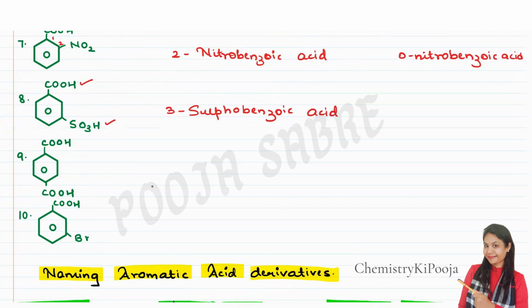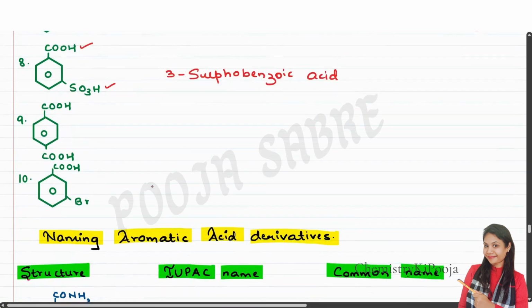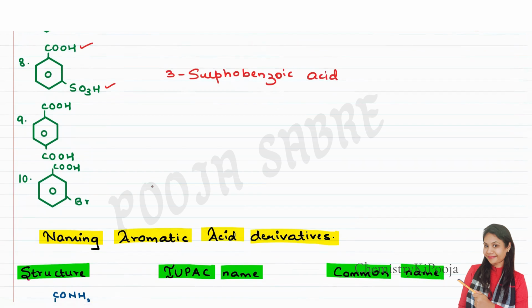Then coming to the ninth question, we have 2 COOH groups. But they are present on the 1 and 4 positions. So how are we going to write the naming? Benzene 1 comma 4 dicarboxylic acid.